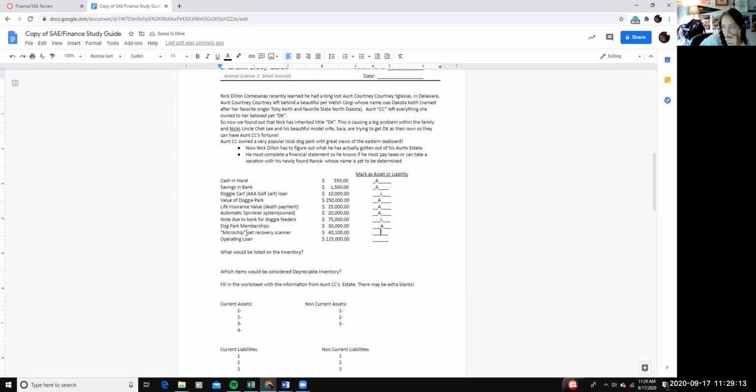All right, microchip pet recovery scanner. That is also something that you own to help recover pets and scan their chips to see where they belong. Since you own it, that would also be an asset. And then an operating loan. Again, that loan is still current and you're paying on it. You still have it out, so that would be a liability.